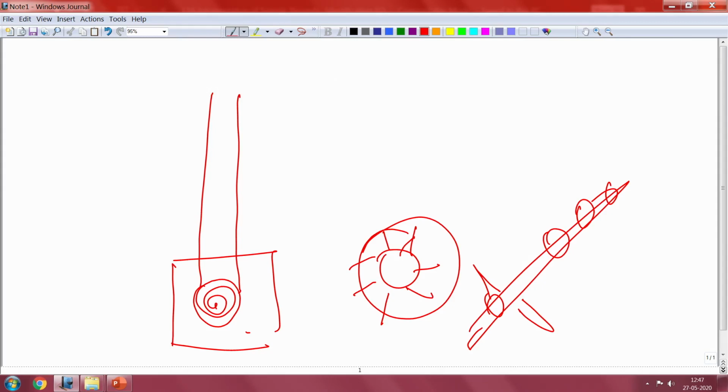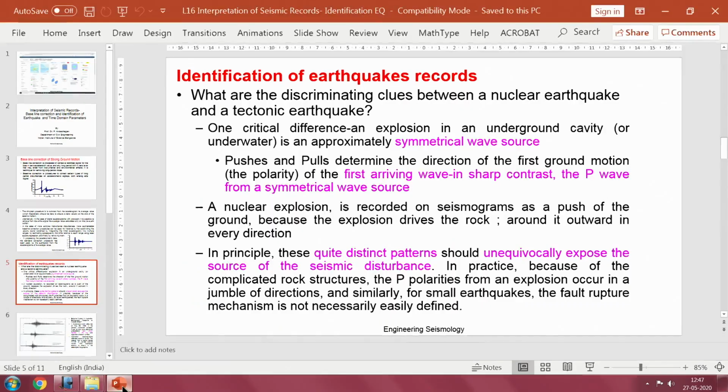That was one of the clues one can use to identify whether it is a symmetrical or non-symmetrical waveform. Generally the pushes and pulls determine the direction of the first ground motion polarity. In the first arrival wave, in sharp contrast, the P wave from a symmetrical source is used. The push happens due to the explosion in the rock; it pushes like this in all directions.